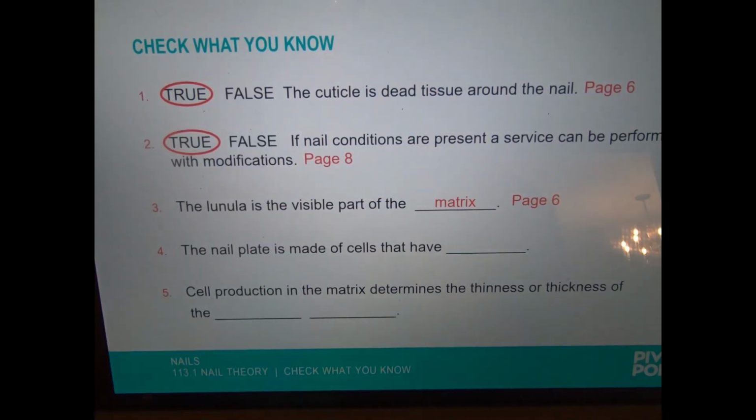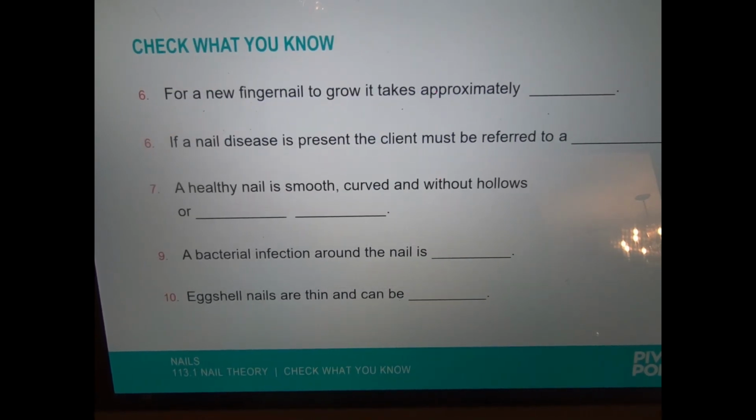The nail plate is made up of cells that have keratinized. They've gotten harder. Cell production in the matrix determines the thinness or thickness of the nail plate or nail body. For a new fingernail to grow, it takes approximately 4 to 6 months. If nail disease is present, the client must be referred to a physician.